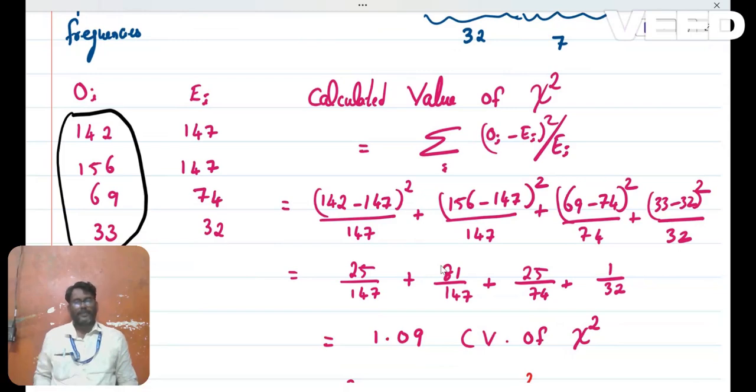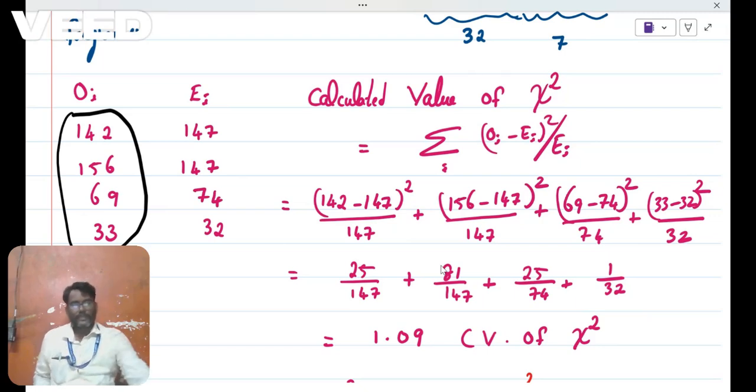So the given frequencies we take as observed frequencies, that is Oi, and the frequencies fitted with the Poisson distribution we take as expected frequencies. Their observed frequencies are 142, 156, 69 and 33, and the corresponding expected frequencies are 147, 147, 74 and 32.